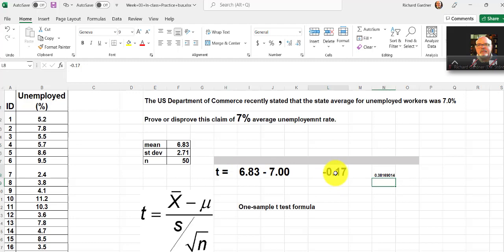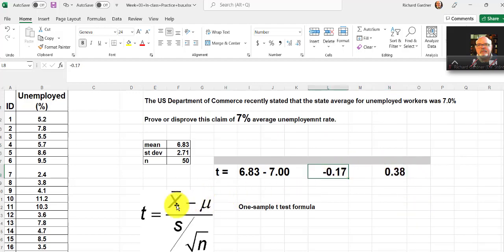And we're going to get that number. So that's our numerator. Okay? There's our top number. Difference between the sample mean and 7%. Our bottom number is the standard deviation of 2.71 divided by the square root of 50.